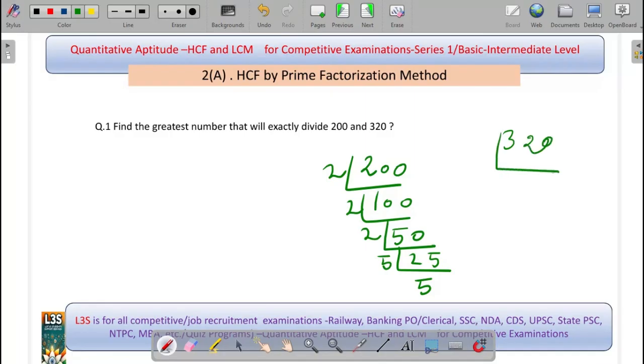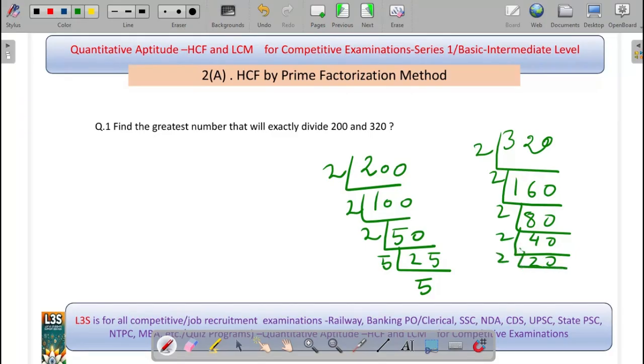Then 320. So 200 equals 2 into 2 into 2 into 5 into 5.